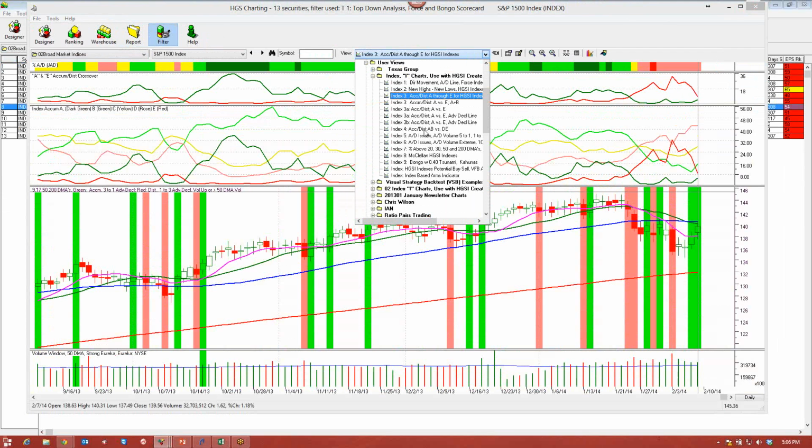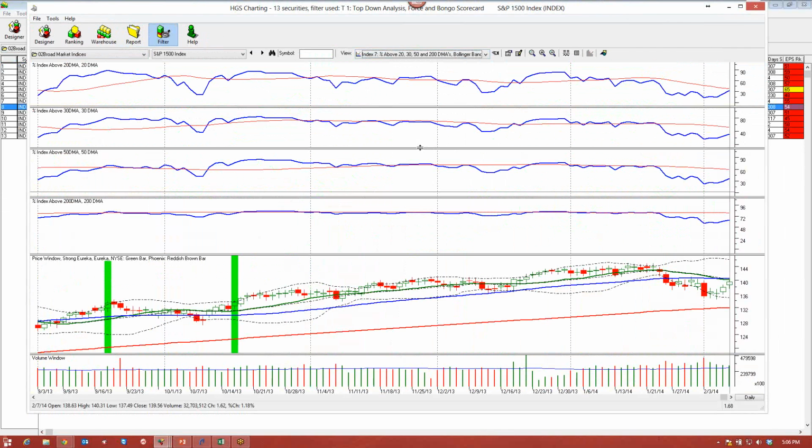Another thing I like to look at here is the percentage of an index above their 20-day, 30-day, 50, and 200-day, kind of as we look at the buckets. So one would expect, because of the buckets, that the majority of stocks be below their 50. They are.